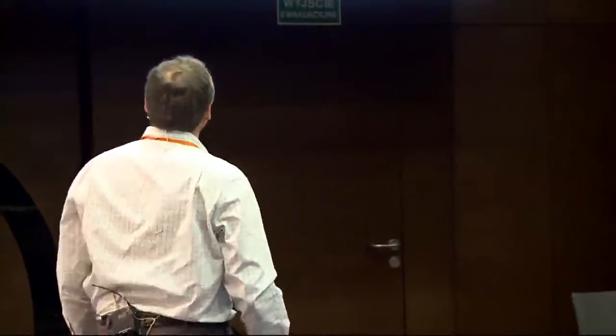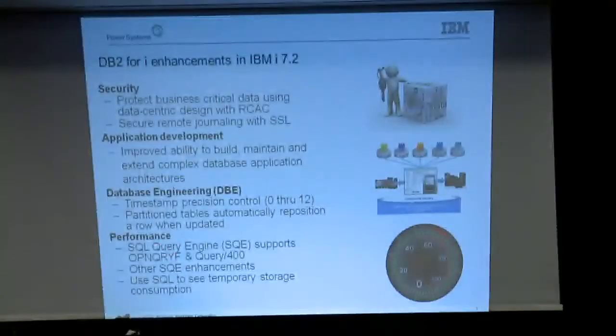So, in 7.2, we changed so that the query engine, the SQE query engine, now will run your Query 400 or Open Query file accesses. You don't want to change? That's okay. We changed the engine for you. So now Query 400 reports will be able to take advantage of the improvements in the query engine and the metrics that it gives you.